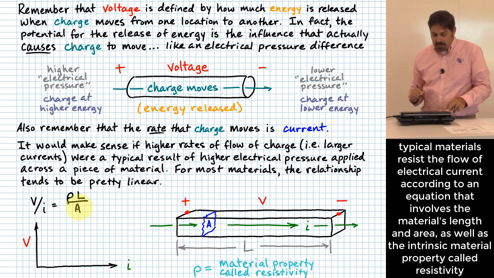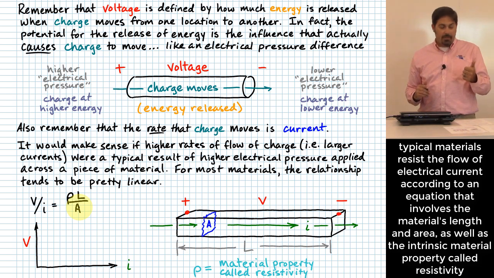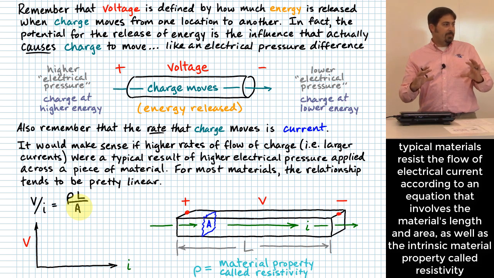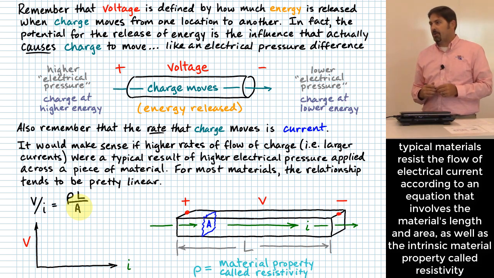This makes sense because more resistivity means you're probably going to need more voltage to push a particular amount of current. More length means you're going to need more voltage. But more cross-sectional area probably means you won't need as much voltage to push a particular amount of current.